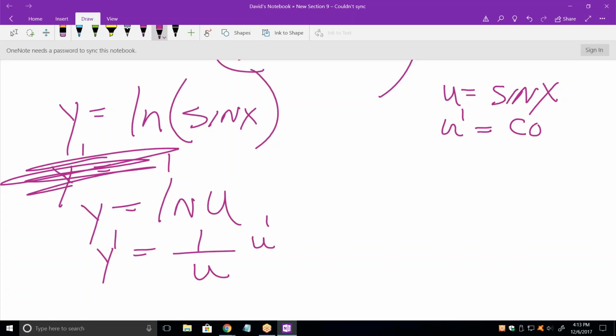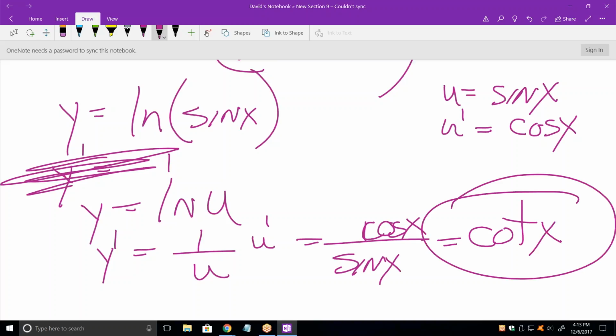Cosine of x. So this answer becomes 1 over sine x, times cosine x. That's cotangent x. That's the answer.